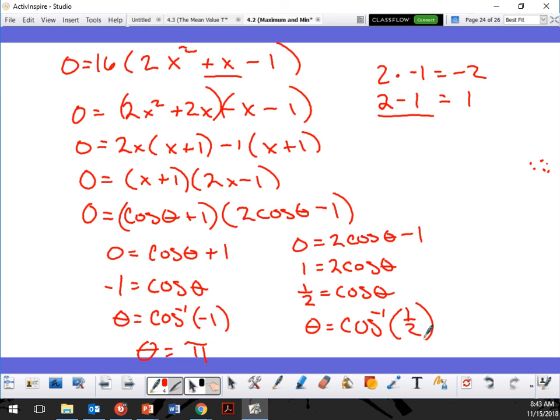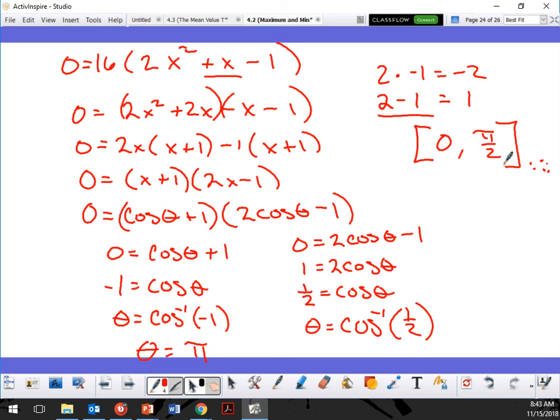But what was my interval? From where to where? From 0 to pi over 2. Very good. Since there were two places where my cosine is a positive 1/2, I can throw out one of them because it's outside my interval.